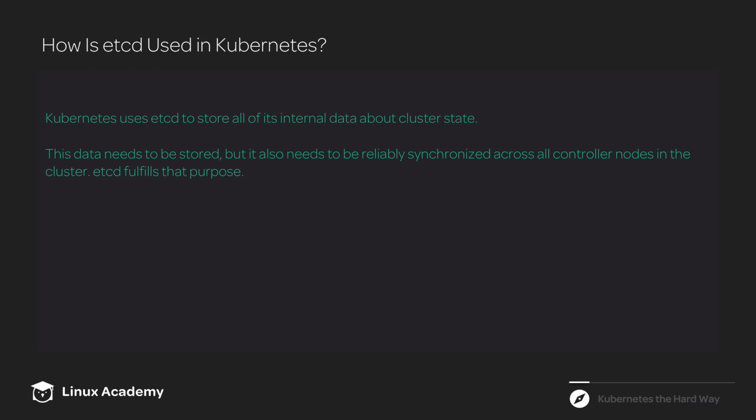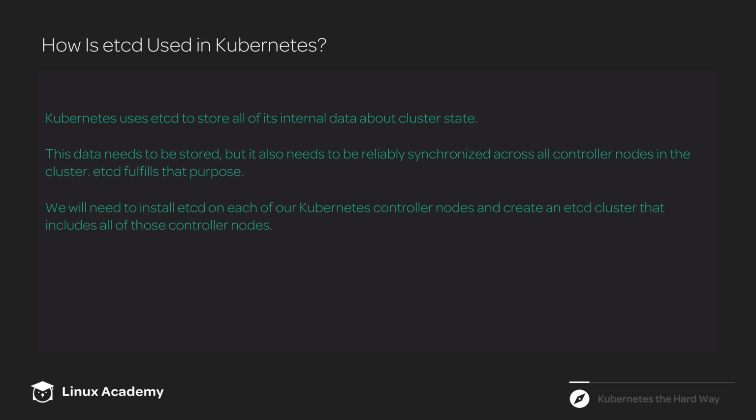They're going to be represented by data objects, and all of my Kubernetes controllers need to have access to that data. So what we do is we store that data about the state of the cluster in a distributed data store known as etcd. So the data needs to be stored, and it needs to be reliably synchronized, and that is the purpose that is fulfilled by etcd.